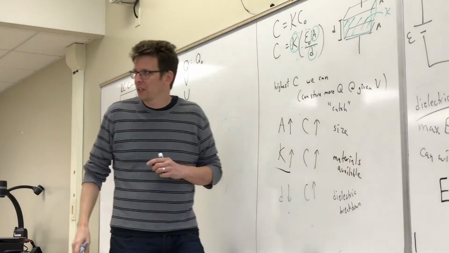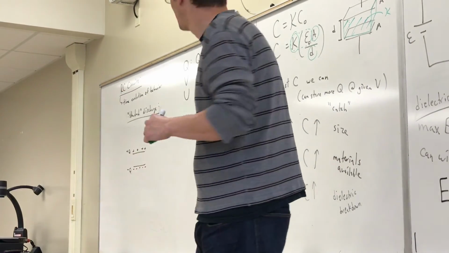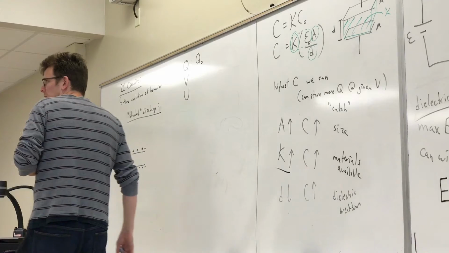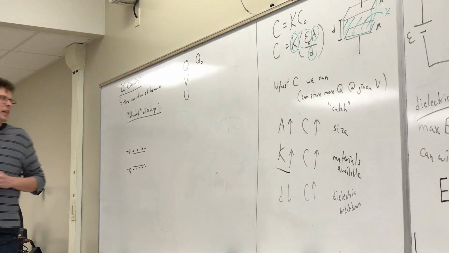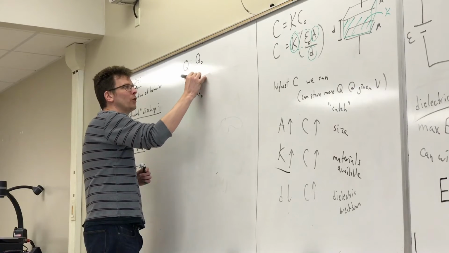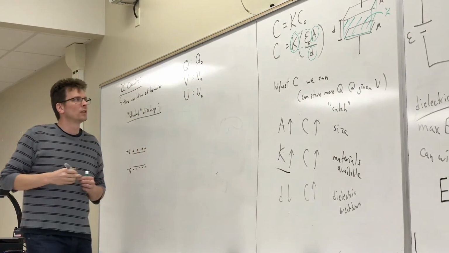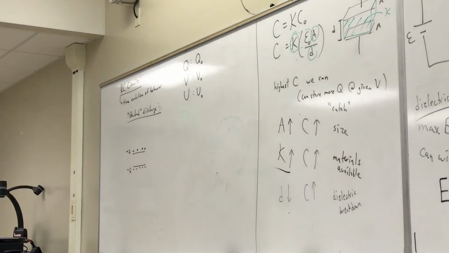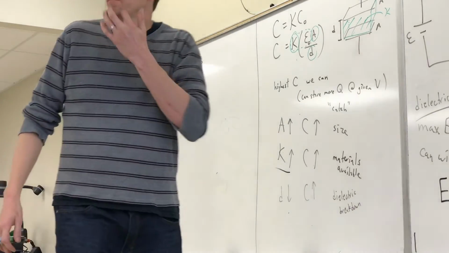So that's at some point in the past been put on there, plus charge on one plate, negative on the other. This stores a certain amount of energy, and the voltage as well is at some initial value. So let's say I charge that cap up with a 9-volt battery, so the voltage across it is 9 volts.